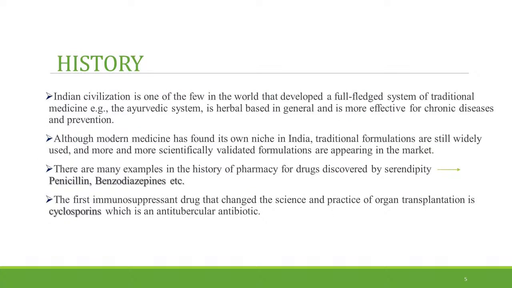Okay, simple history. I don't want to speak in much depth about the research. In general, Indian civilization is one of the oldest civilizations where we practice the Ayurvedic system. From the starting stage, our ancestors collected materials from nature, mainly plant region, mineral region, and mainly plant region.